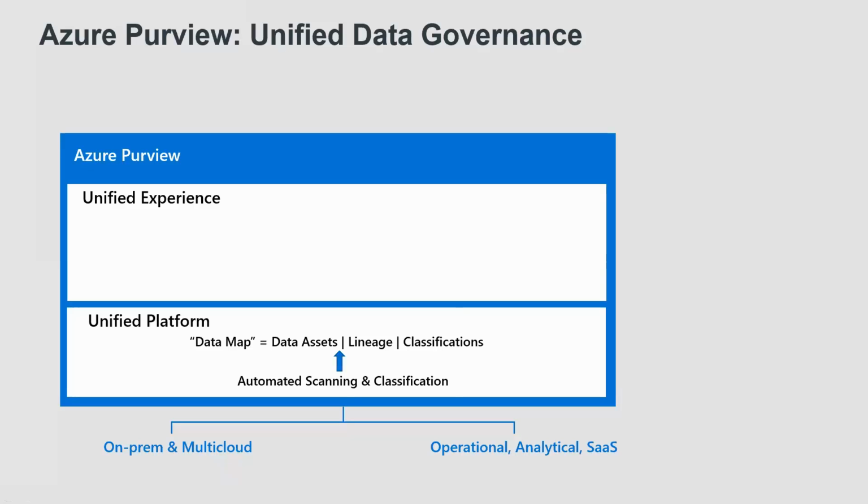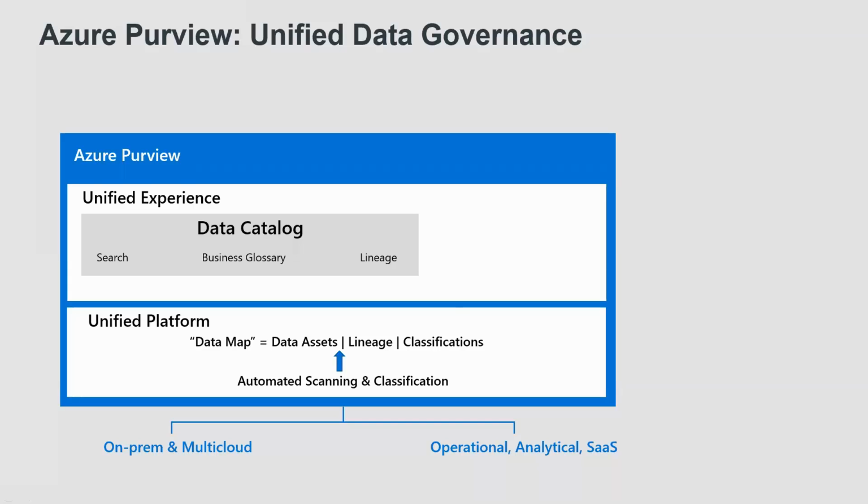And then that was the unified platform: the scanning, inventory, classification, the data map. And now we need to access that information. It's the unified experience. And that one is where the data catalog comes in.